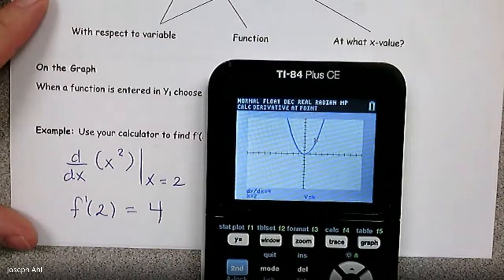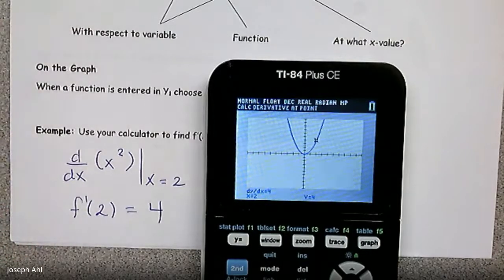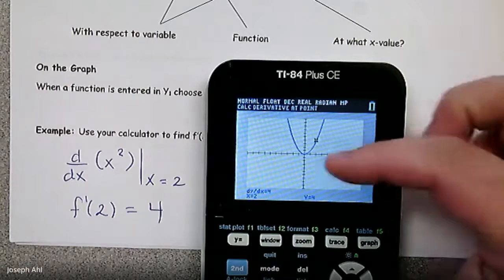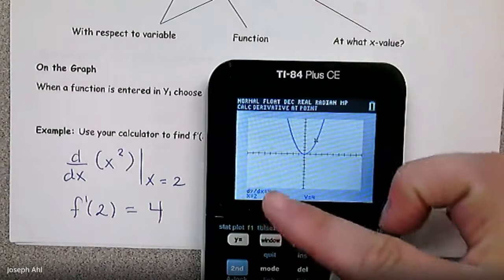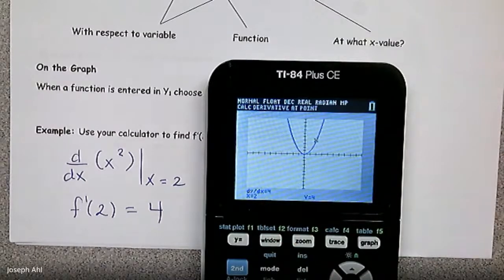So we'll type in 2, hit enter, and it gives me that the slope dy/dx would be 4 there. It actually gives me the coordinate of that point as well, which is nice. The slope of the tangent line is listed above it. If you have any questions about how to use the calculator to calculate some derivatives, let me know.